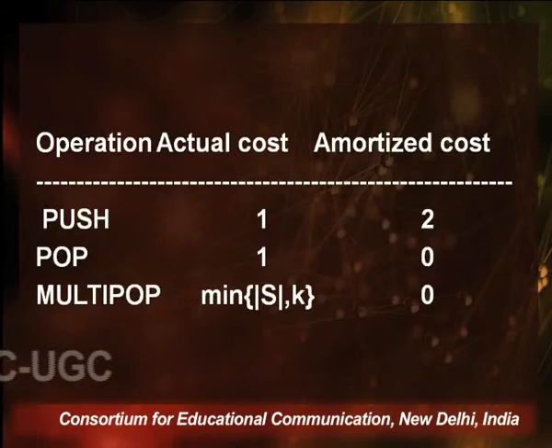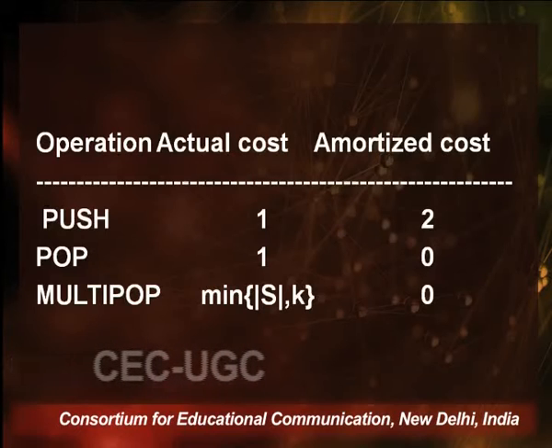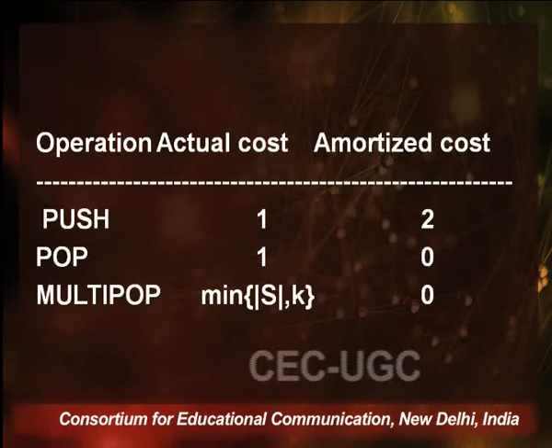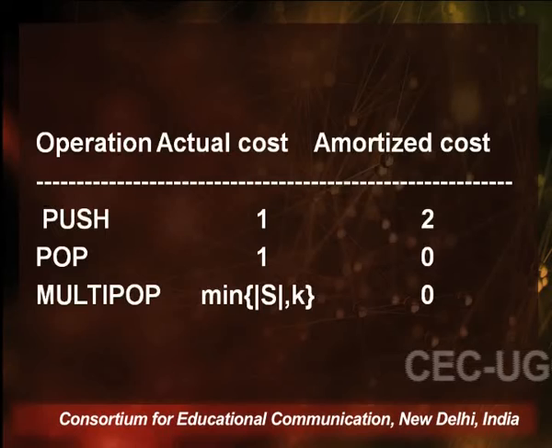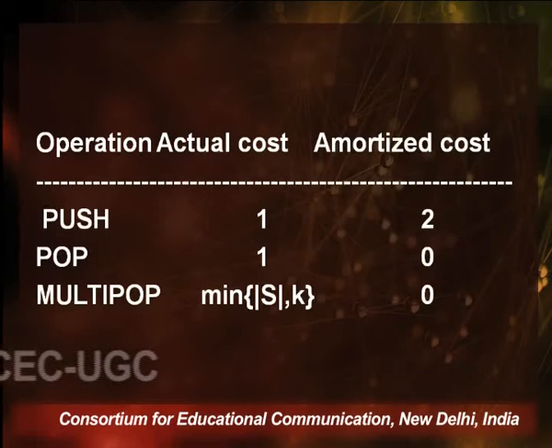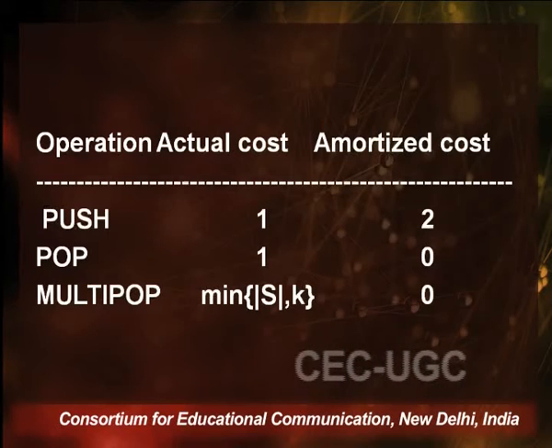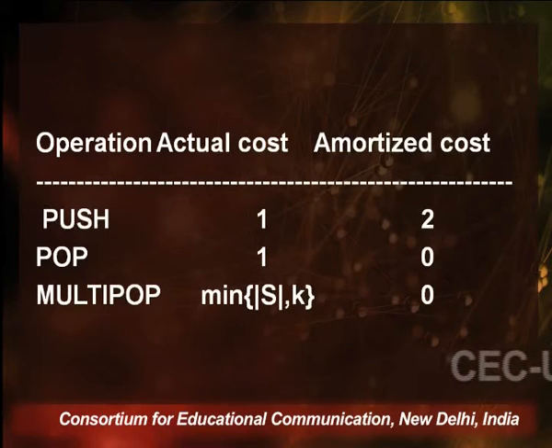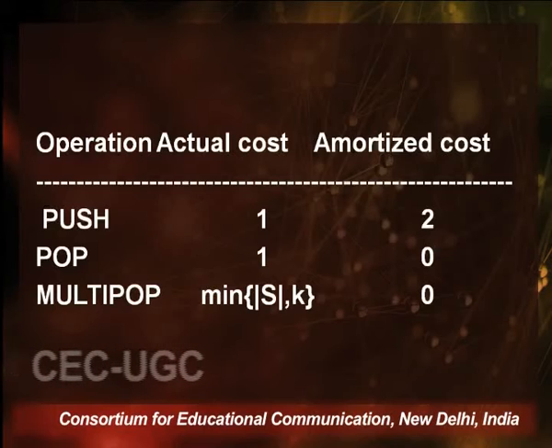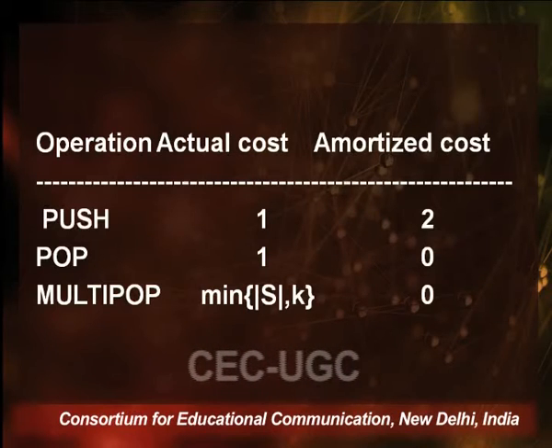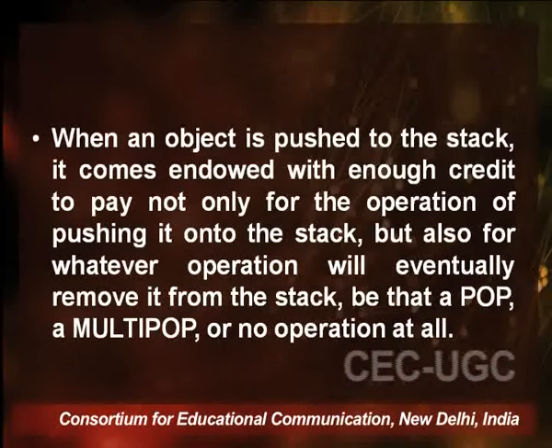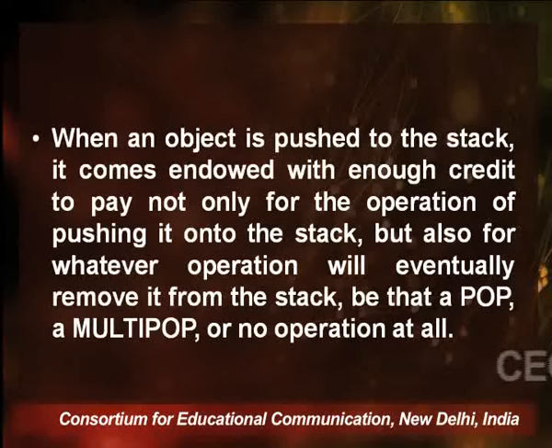Then we can ask: what is the reason behind assigning the amortized cost of 2 units to the push operation and 0 units to the pop and multi-pop operations? To understand this concept of amortized cost in this example of stack operations, let us see what happens when an object is pushed to the stack.